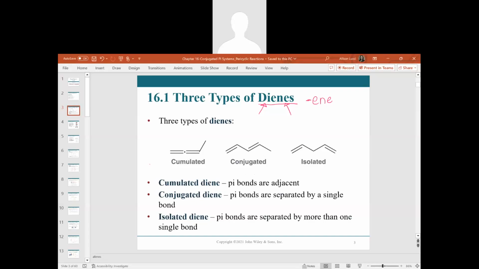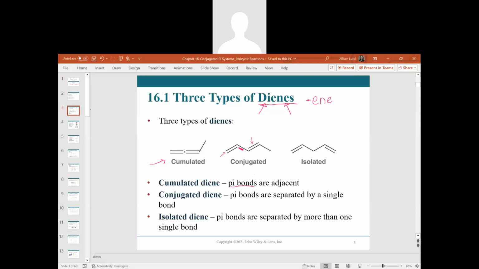The first here is called a cumulated diene, where the two double bonds, the pi bonds, will be adjacent. We see them right next to each other. That's what that term is mentioning here. They are adjacent pi bonds. Then in our middle structure, we have a pi bond here, a single bond right here, and then another pi bond here. So a conjugated diene, the specific focus of this chapter, is when we have pi bonds that are separated by a single bond, as shown in that middle structure.